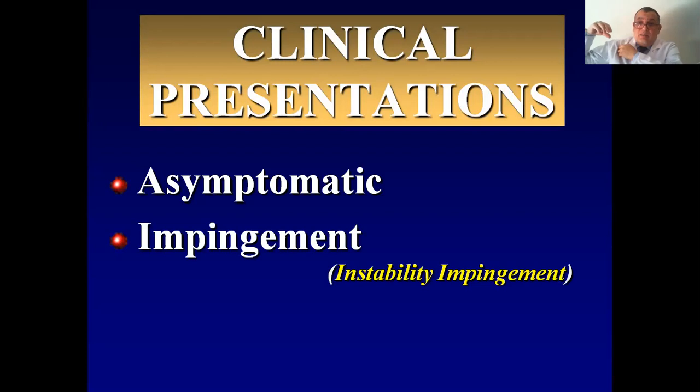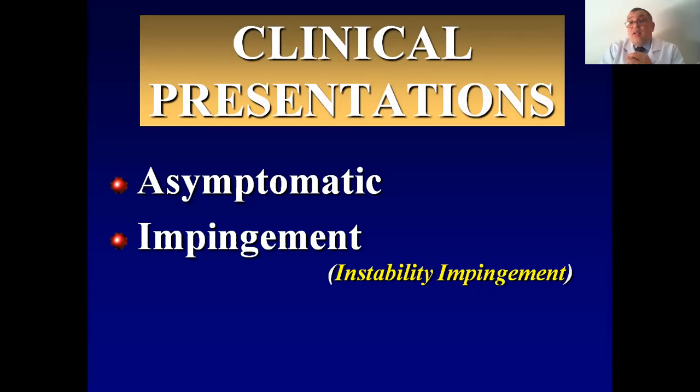When the head, especially in those with capsular redundancy, as in baseball pitchers, volleyball players or swimmers, they come with pain. The pain is simply because the capsule is wide due to the repeated microtrauma, and the head is always translating excessively forwards, thus fraying the anterior labrum, causing some pain.